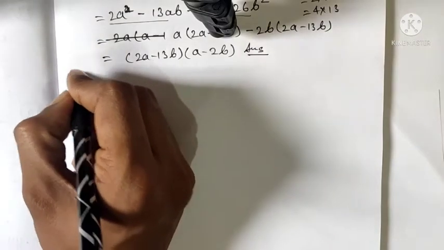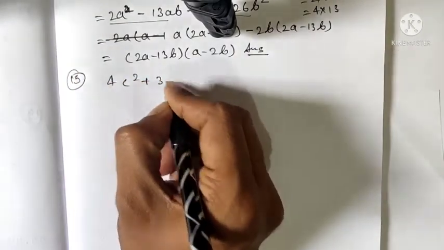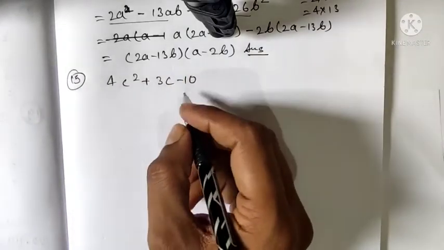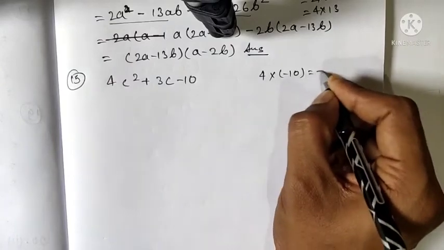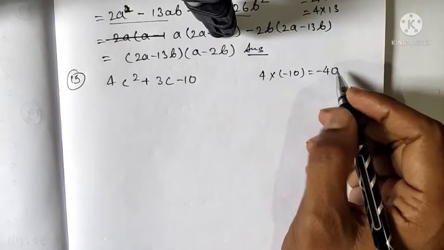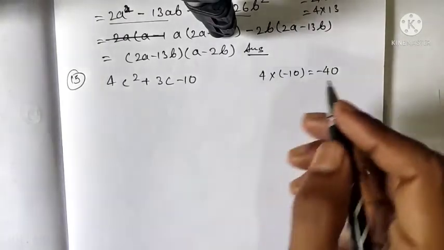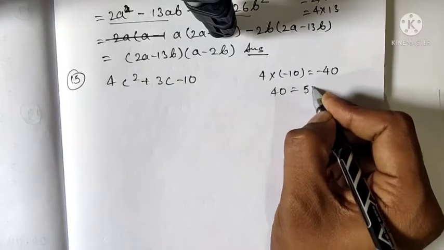Question number 15. Question number 15 is 4c square plus 3c minus 10. Since it is a trinomial, we will solve it similarly. We multiply 4 and minus 10, and it will be minus 40. Since the sign of 40 is negative, we have to find the factors of 40 in such a manner that their difference will be equal to 3.